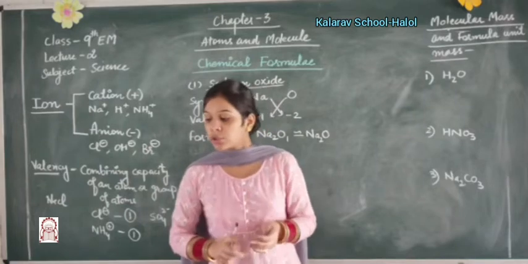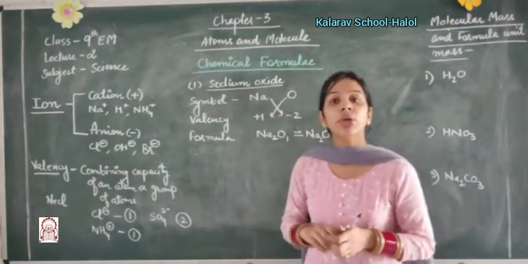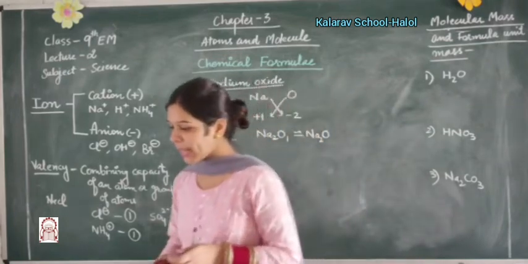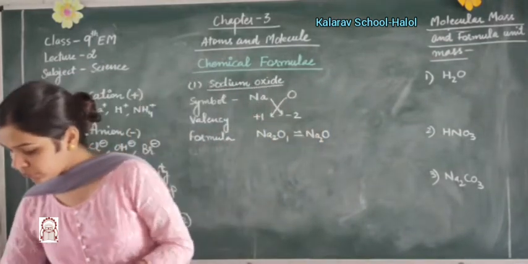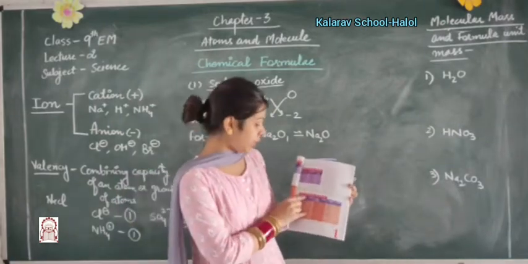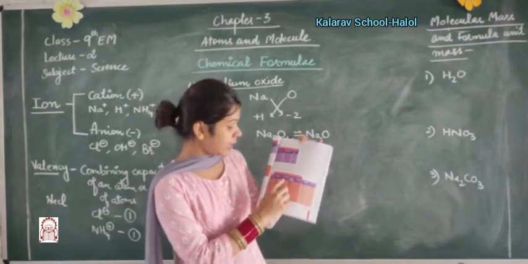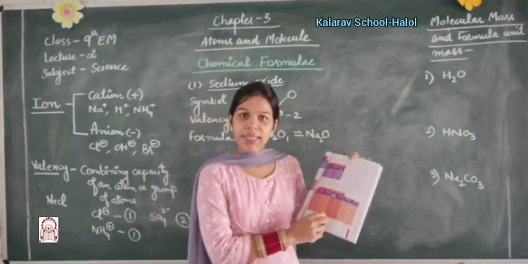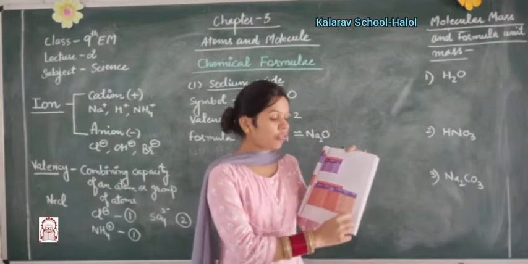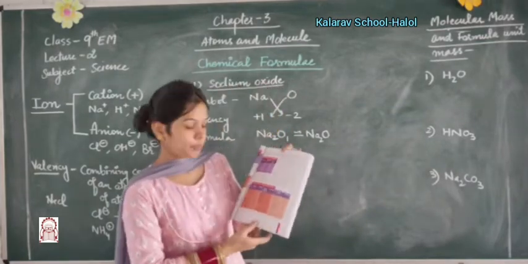To start with the next topic, chemical formulae, you have to open your book on page number 37. Please look at table number 3.6. You can see the different types of ions here with their atomic symbols and valency. You have to firstly learn this table to understand chemical formulae.